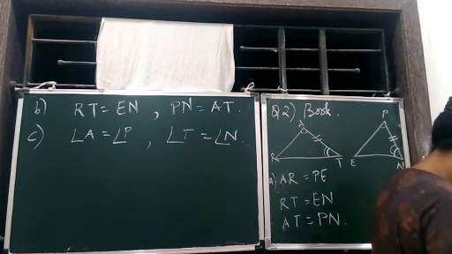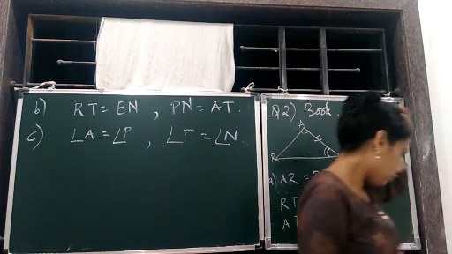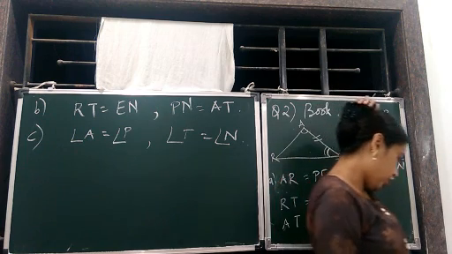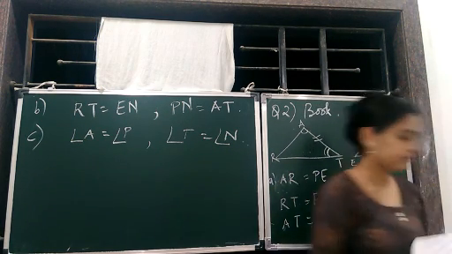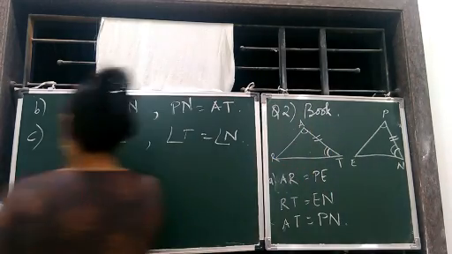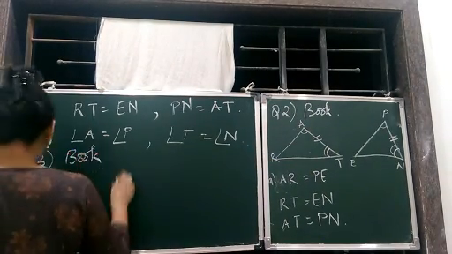Then we go to question number 3. Question number 3 is, you have to show that triangle AMP is congruent to triangle AMQ. Let me make the figure. Question number 3 also in book, children.